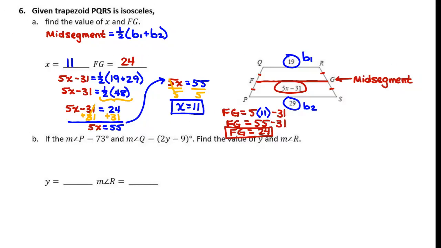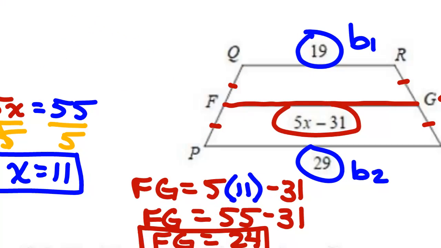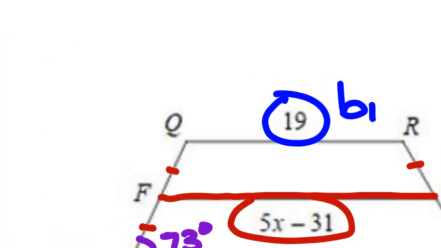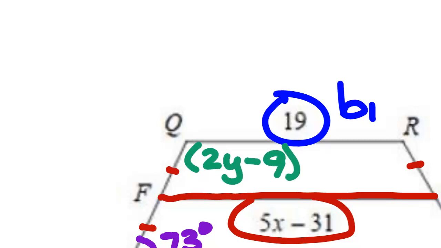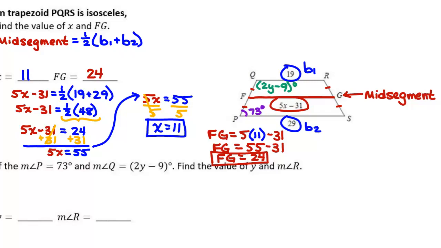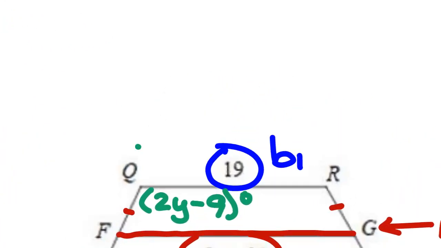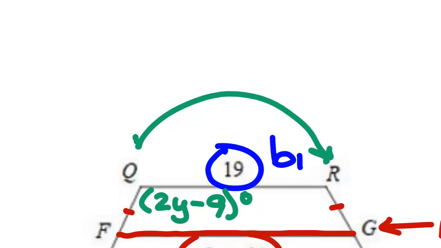Part B, if the measure of angle P is 73 degrees, so this angle right here, and the measure of angle Q is 2y minus 9 degrees, find the value of y and the measurement of angle R. So Q and R are congruent.